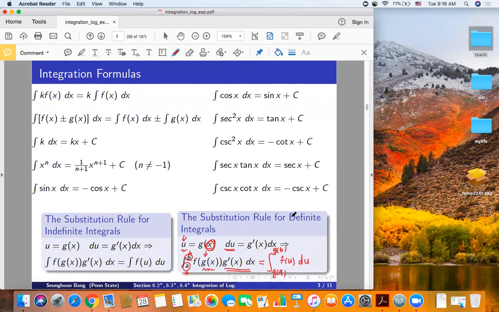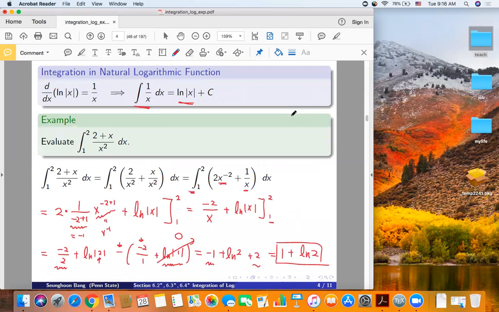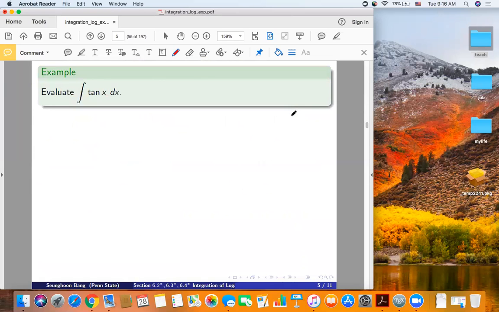We have integral secant squared equals tan x, but integral tan x dx, we don't have it. We don't have this one in the formula. So how can you solve this problem? This is the idea: you can use one identity. Do you know one identity of tangent of x?